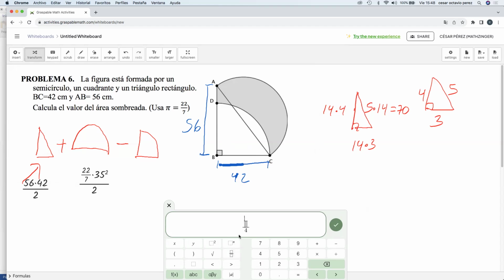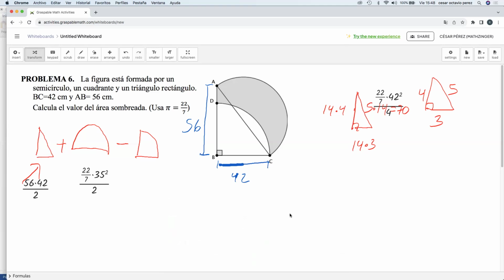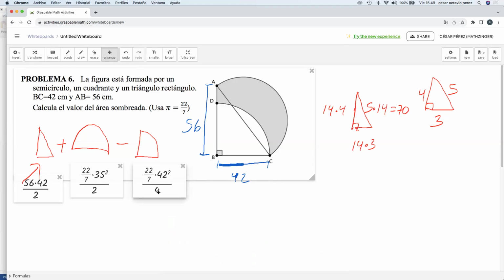It's pi times 42 squared divided by 4. But since 42 is divisible by 2, it can be rewritten as pi times 21 squared. Yes. Okay. We're going to simplify this with this.